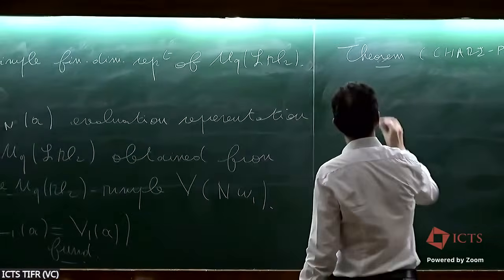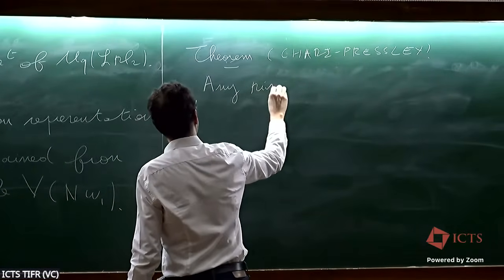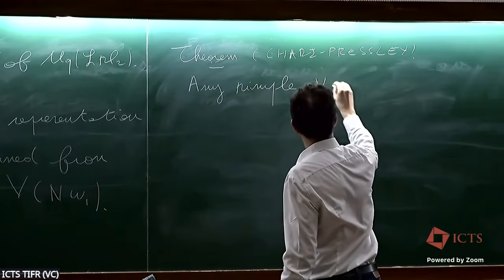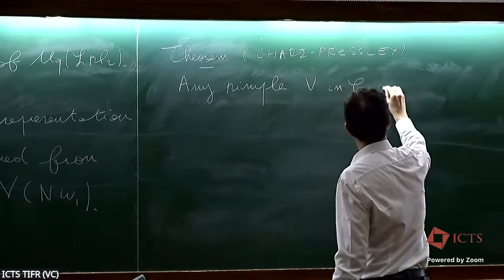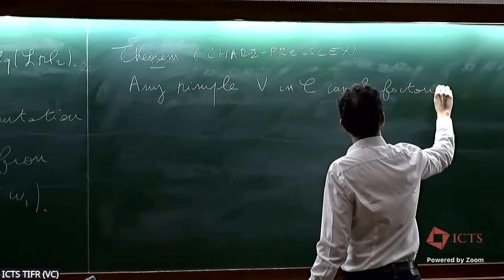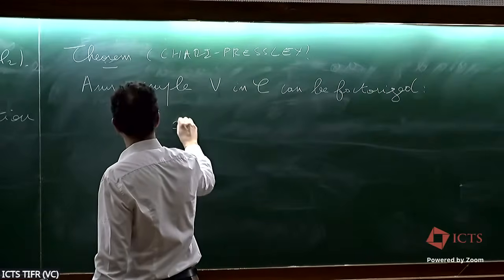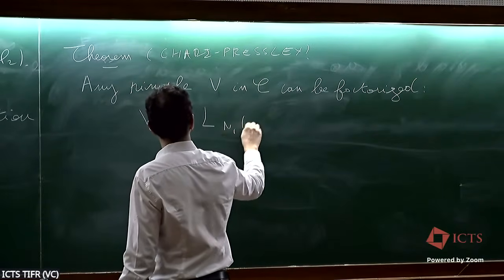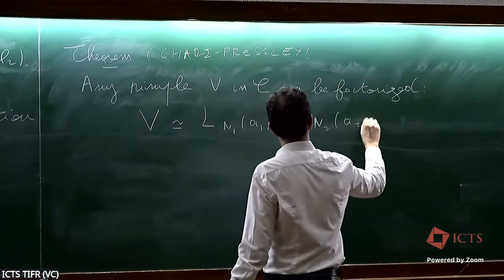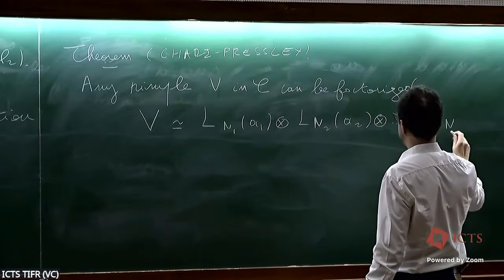So any simple module V can be factorized in the following form: V isomorphic to L_n1(a1) tensor and so on up to L_nr(ar).